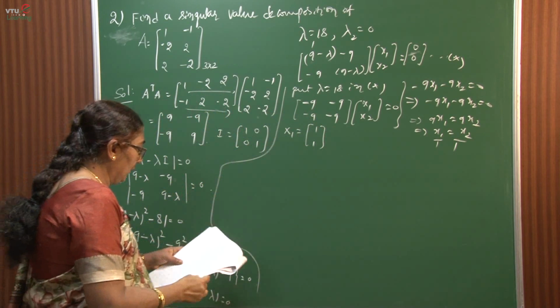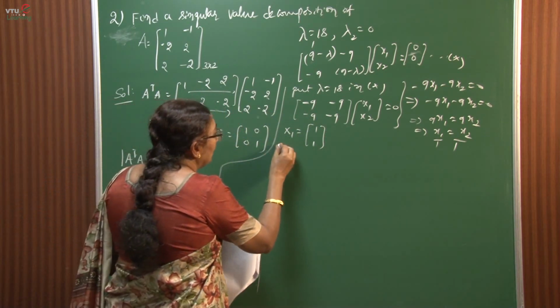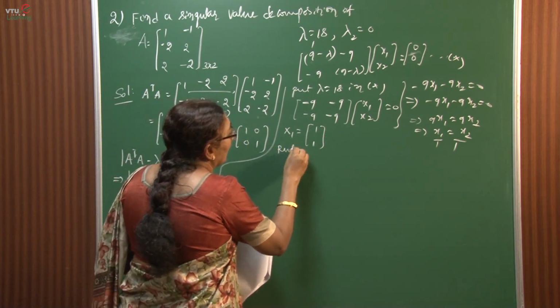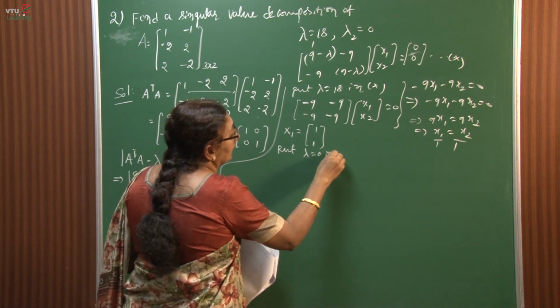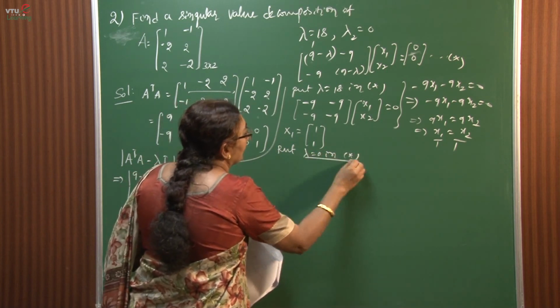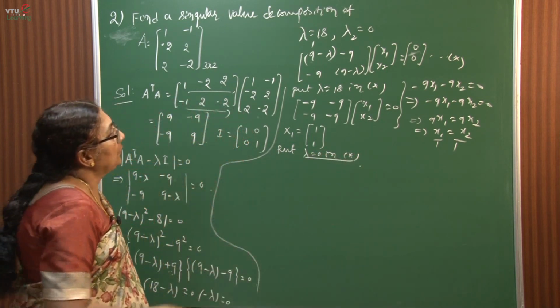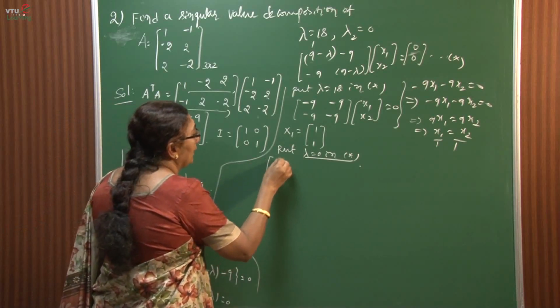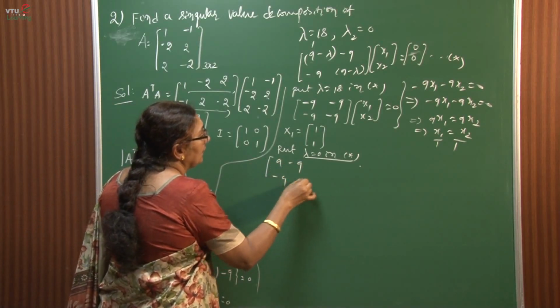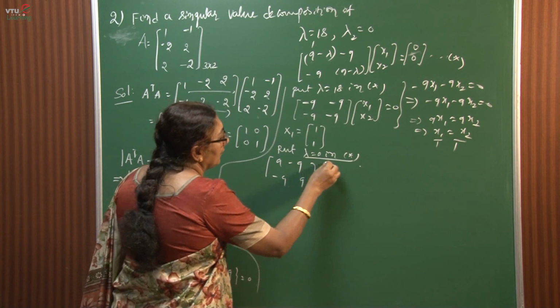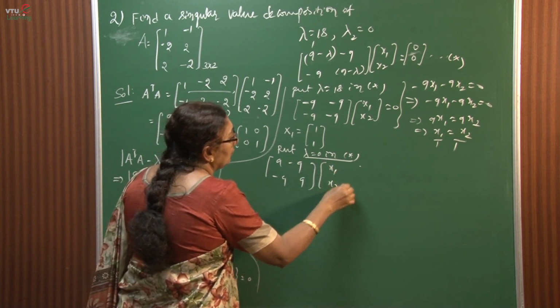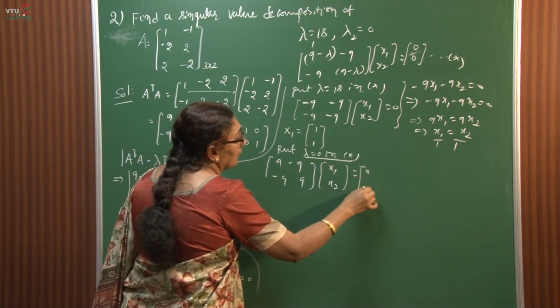Next, try to find another eigenvector. Put lambda equal to 0 in star. What we get? [9, minus 9; minus 9, 9] times [x1, x2] equal to [0, 0].